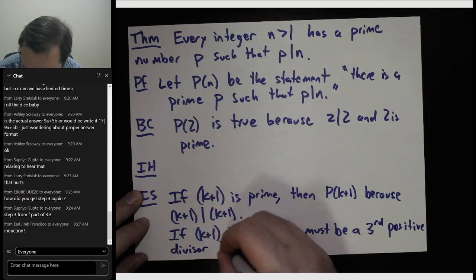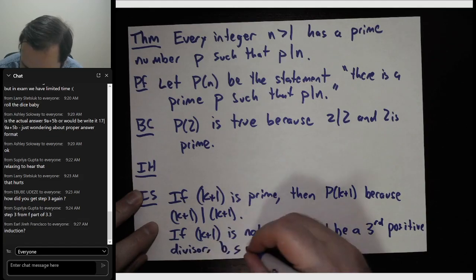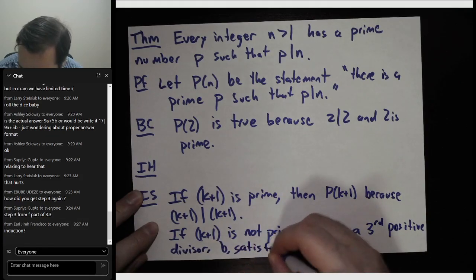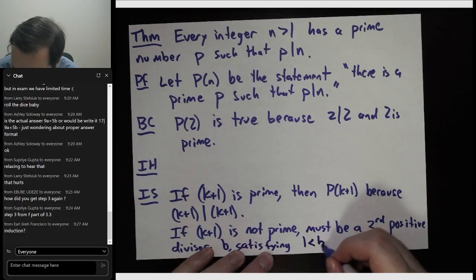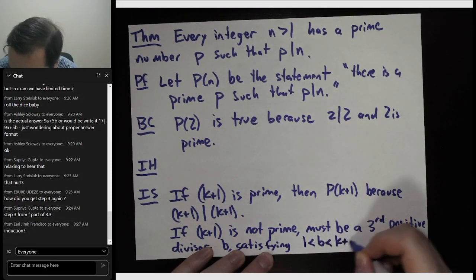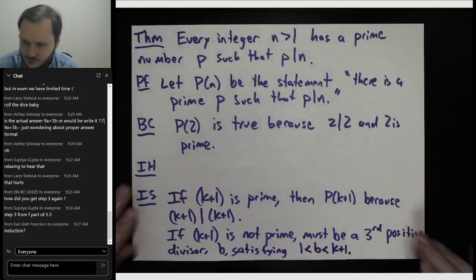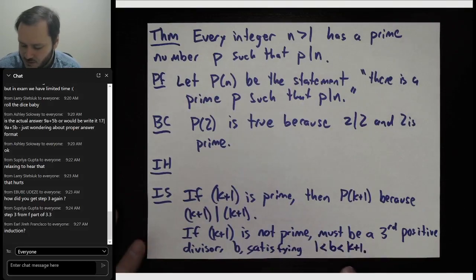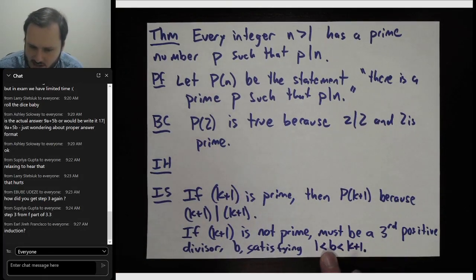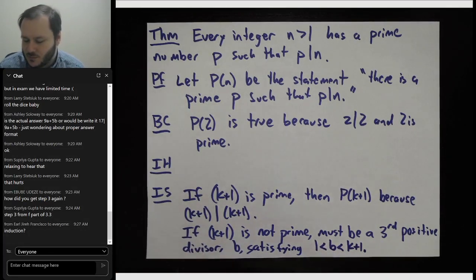b satisfying 1 is strictly smaller than b is strictly smaller than k plus 1. Has to be some divisor in the middle. If there were only 2, if this b didn't exist, then k plus 1 would be prime.